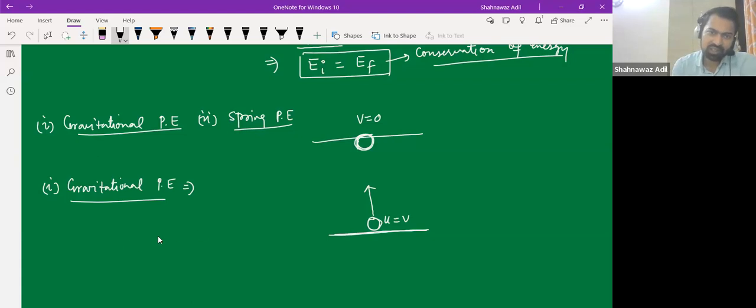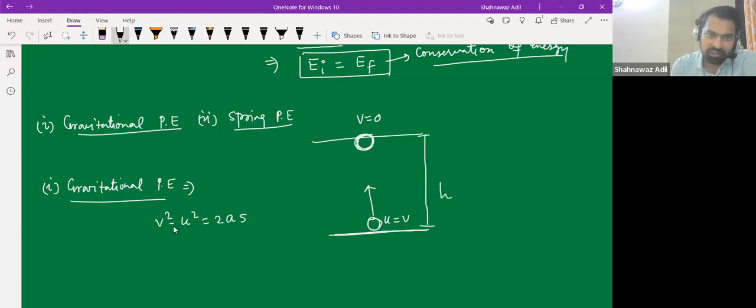So what is the third equation of motion? Sir, v square minus u square is equal to 2as. Good. So in this case, is a positive or negative? Negative. Good. And let's say this height is h.